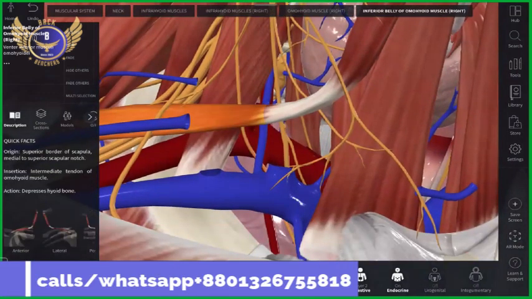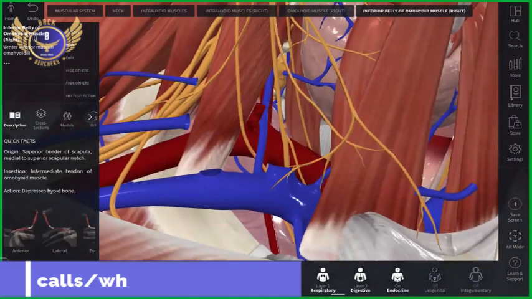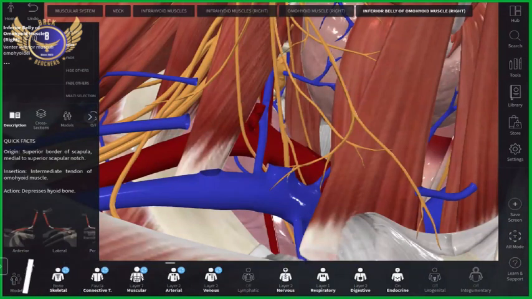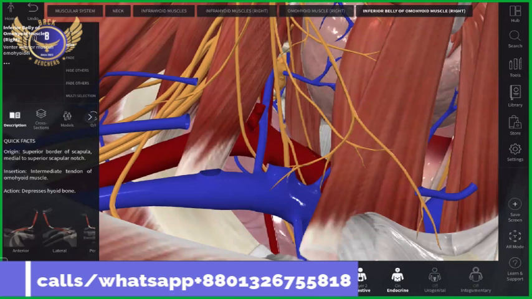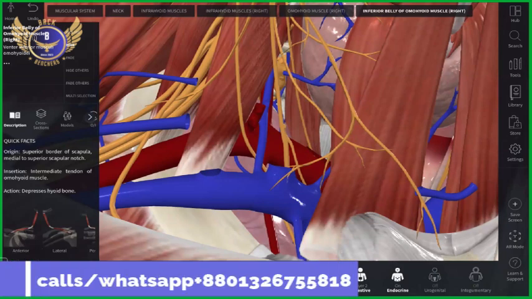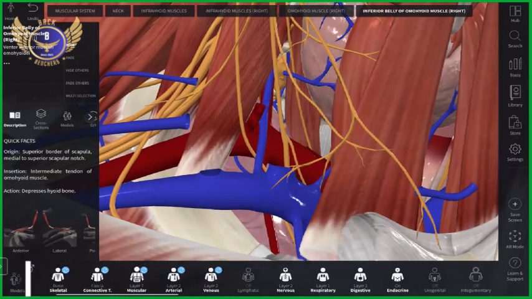Why am I giving so much importance to this phrenic nerve? Because they will ask you phrenic nerve questions from every single angle. How?